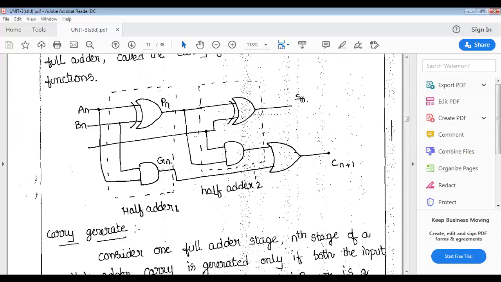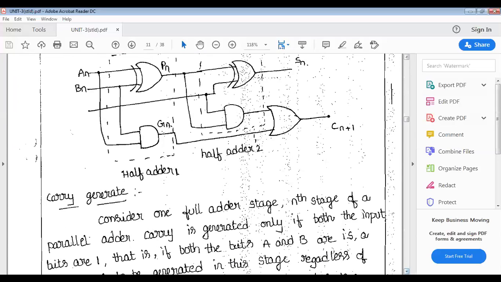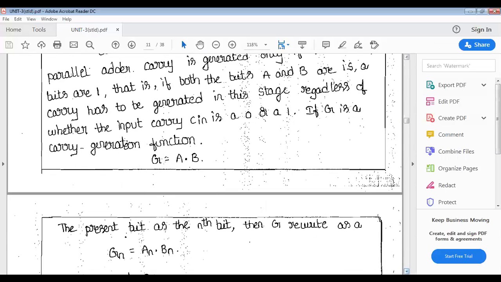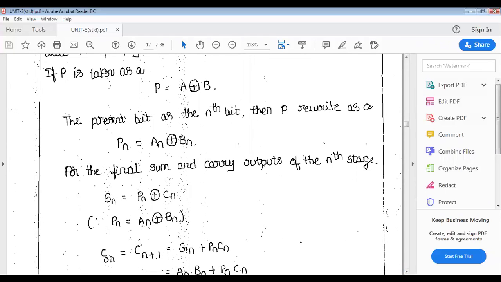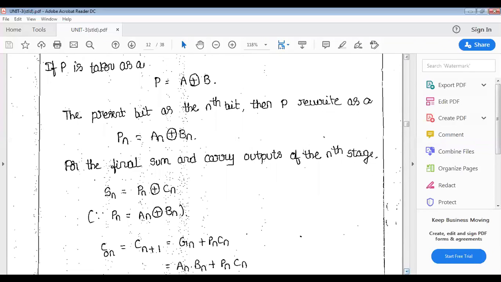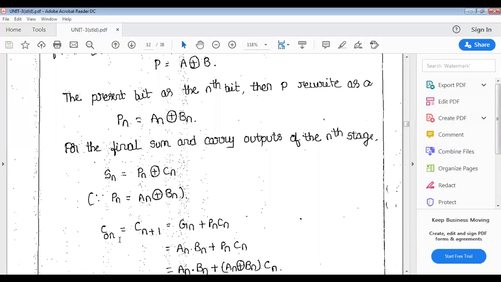So Sn is equal to Pn exclusive OR of Cn. Then Cn, nothing but the Cn is a carry.